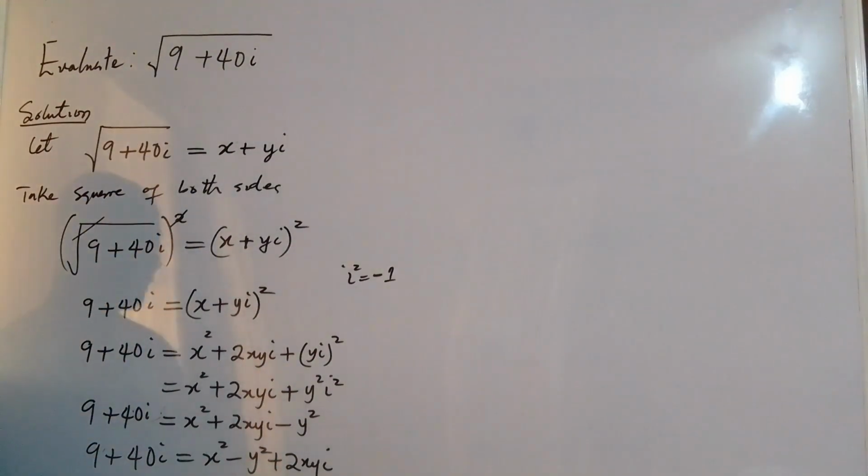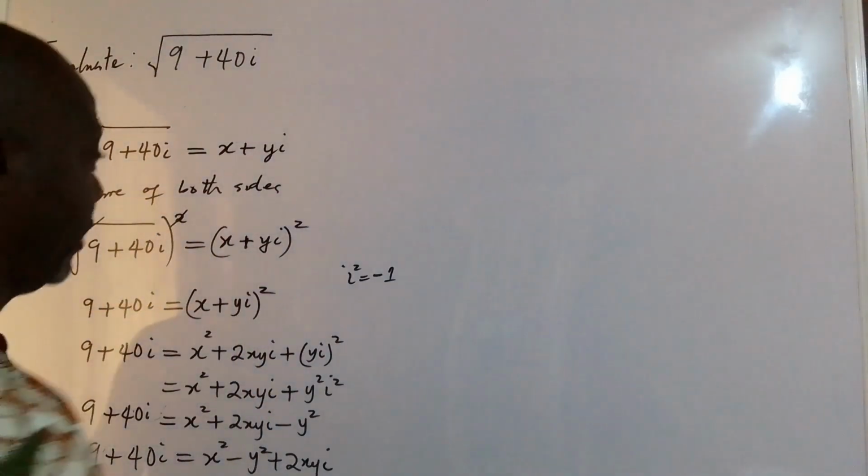From here, comparing both sides of the equation, we compare the real and the real parts. On the right, the real part is x squared minus y squared, which will be equal to 9.